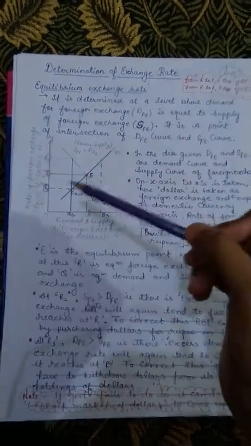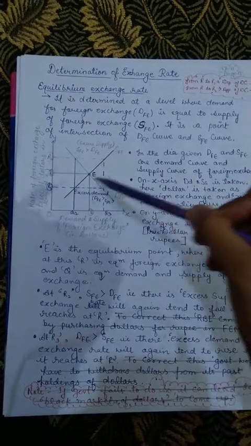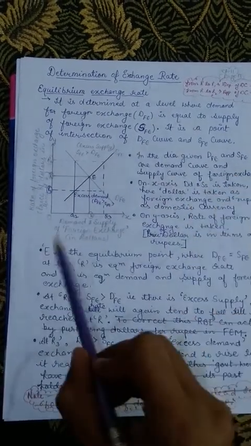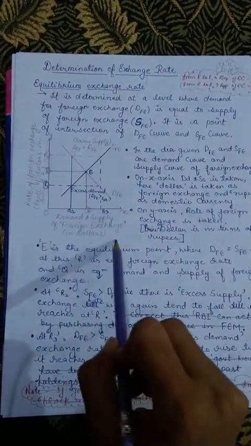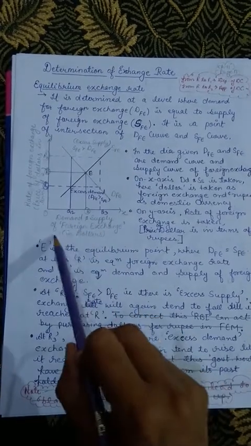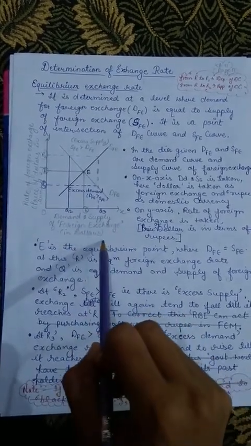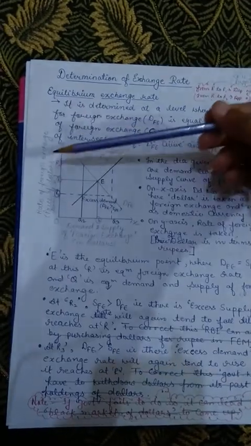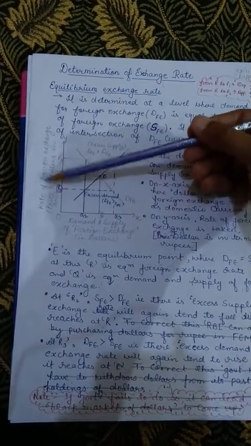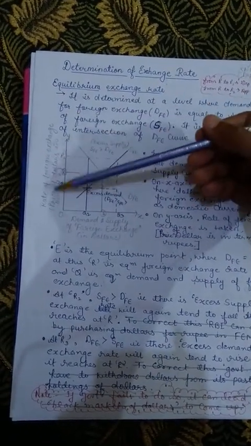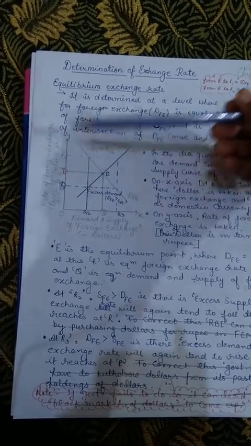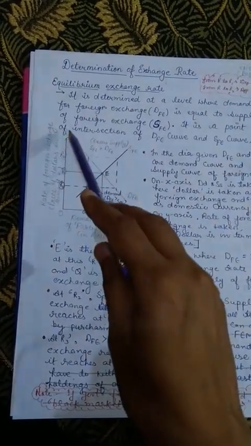When we drew this demand curve and supply curve, on the x-axis we took demand and supply of foreign exchange in dollars, and on the y-axis we took the rate of foreign exchange, that is, the price of dollars in terms of rupees.